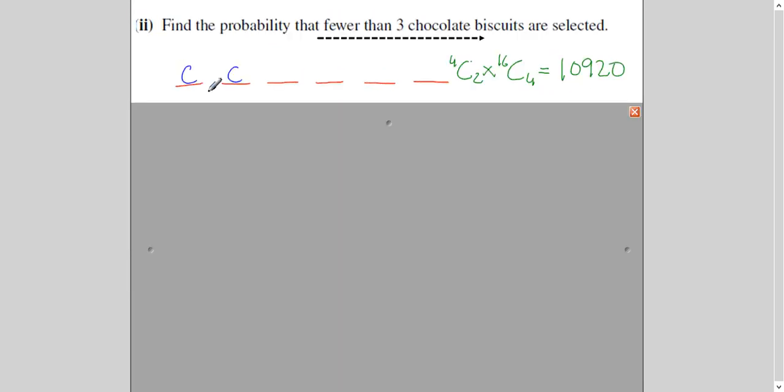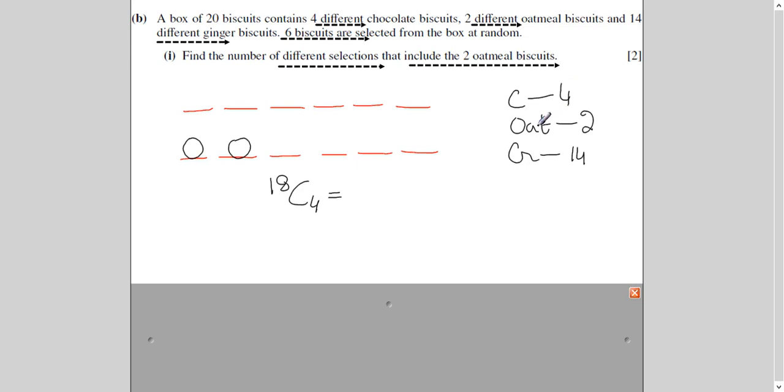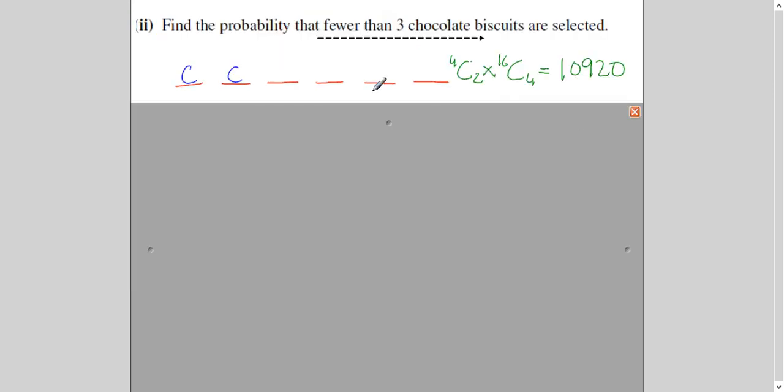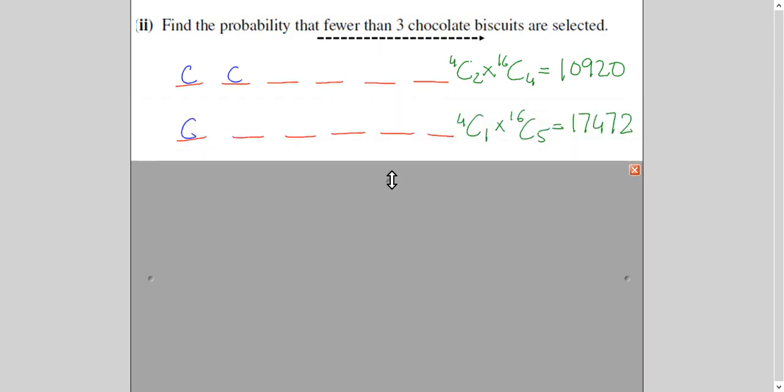So it is 4C2 and the remaining are 16. Why? Because oatmeal were 2 and ginger were 14, so 14 plus 2 is 16. So it is 16C4. When it is 1 chocolate, it is 4C1 into 16C5. Now you have to make 5 selections out of ginger and oatmeal.